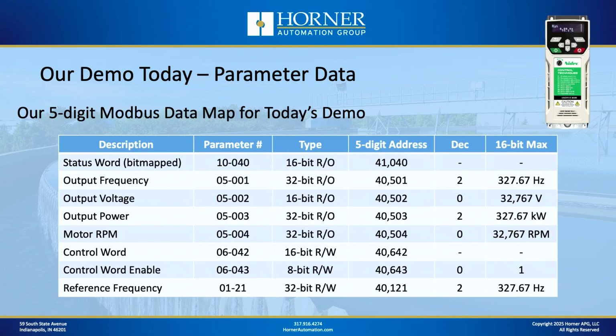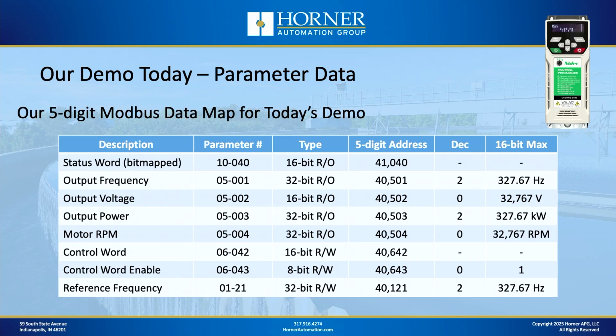Okay, so here is our 5-digit Modbus data map, and you'll notice in that 5-digit column there that all those values were easily calculated based on the parameter number. So let's take a look at that first one. With status word, the bitmap status word, it's accessible from menu 10, parameter 40. So if we do the math, we take 10, multiply by 100, that's the menu number, that gives us 1,000.